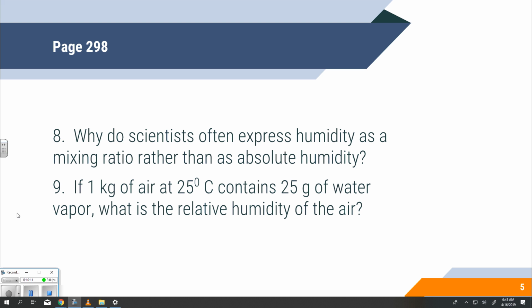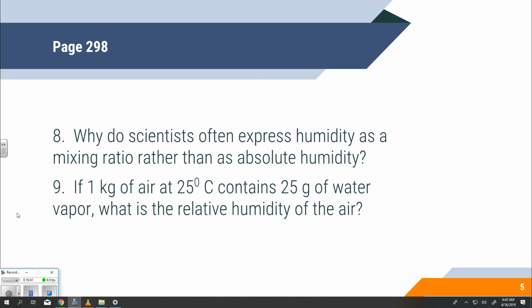Why do scientists often express humidity as a mixing ratio rather than as absolute humidity? Mixing ratio.